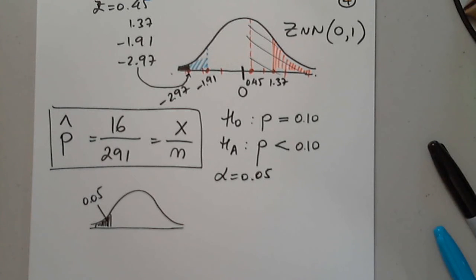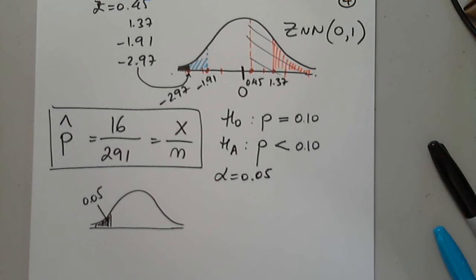What is the test statistic? Now we go to stats, then tests, and choose one proportion z-test, number 5.